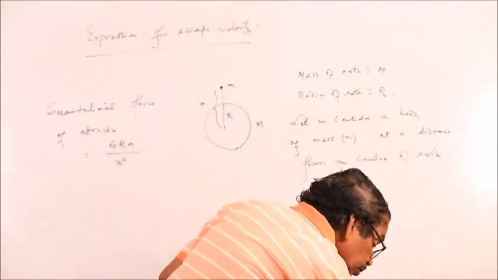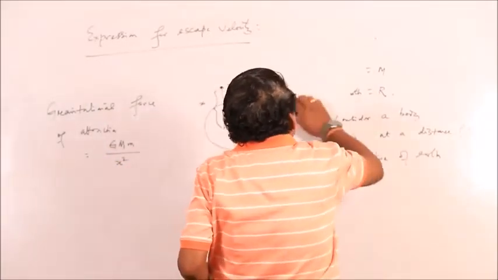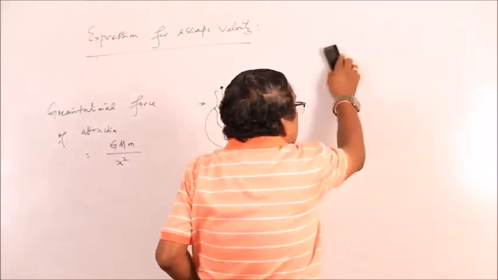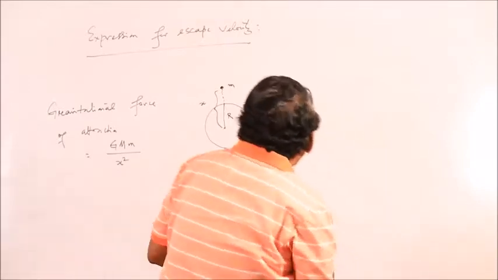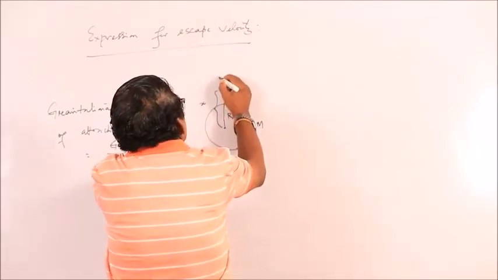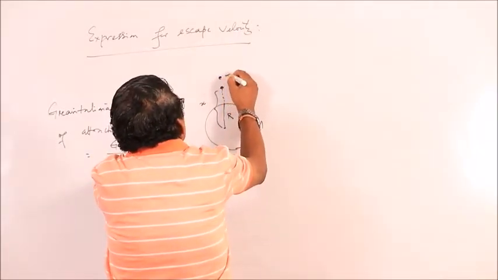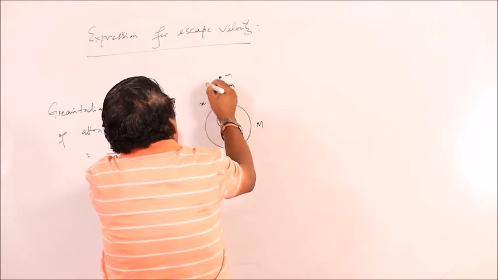Now, let us shift the body through a small distance dx. So, in that case work is to be done against the gravitational force. Suppose the body is shifted to a distance x plus dx, this distance is dx.